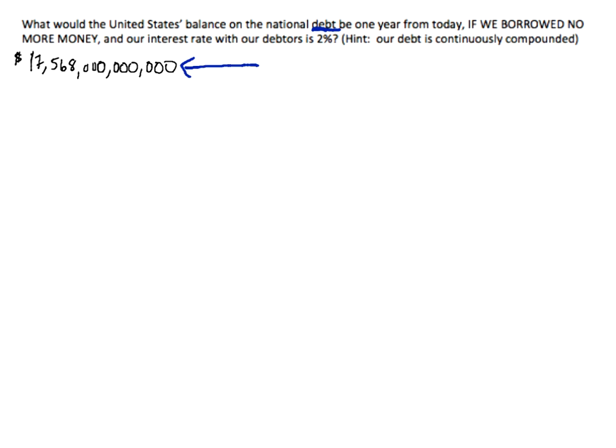So if we borrowed no more money this second and our interest rate is at 2%, 1 year from today, how much would we owe? And hint, we're continuously compounded. So we're going to be using the Pert formula. Our account balance is P e to the rt.